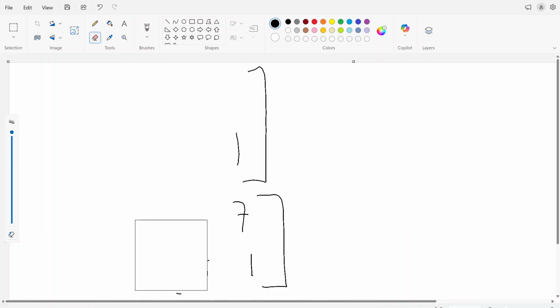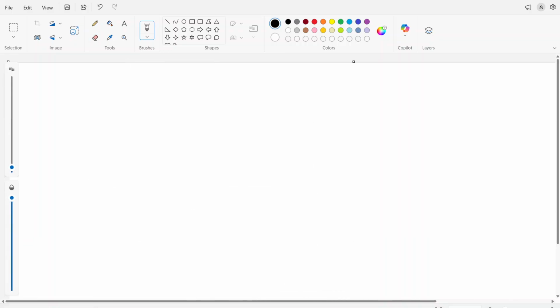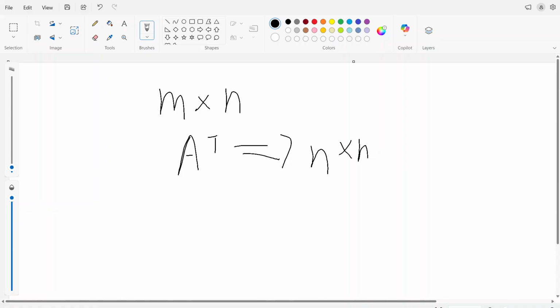The sixth thing I want to talk about is size changes. If A is m by n, then A transpose is n by m. As an example, a 3 by 5 matrix becomes 5 by 3 after transposing. The seventh thing is what doesn't change.